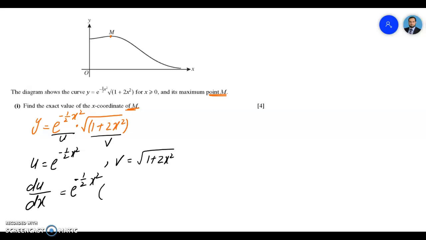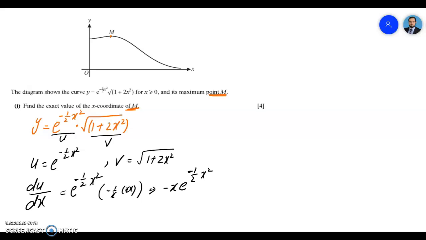Negative half stays as it is, but the derivative of x squared becomes 2x. This 2 and this 2 cancel out, so the final answer is negative x e to the power of negative half x squared.